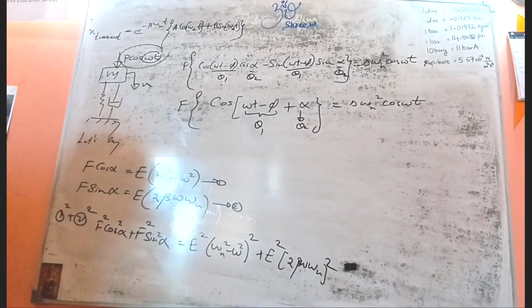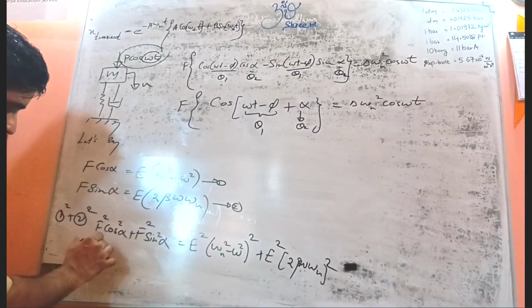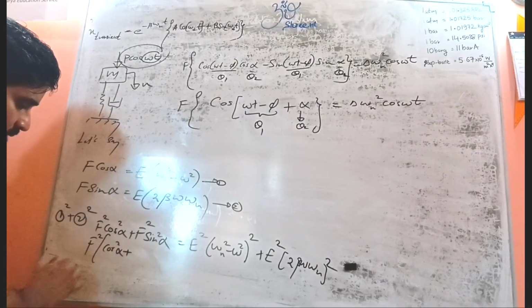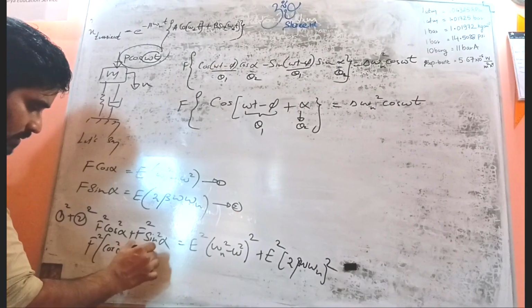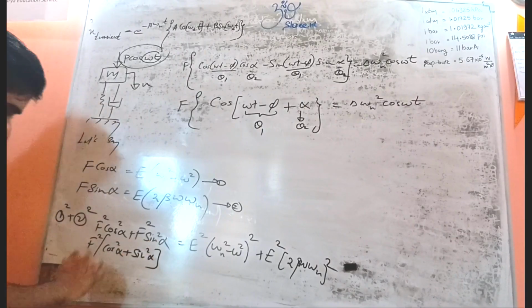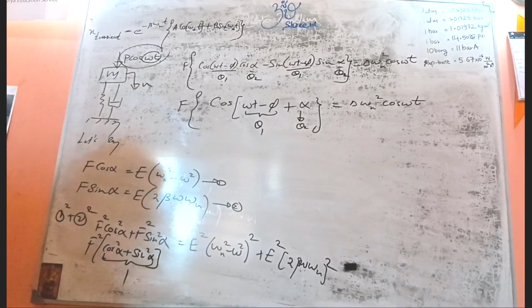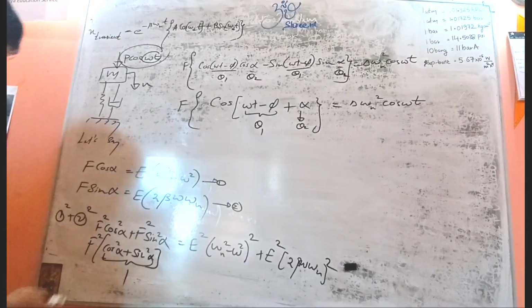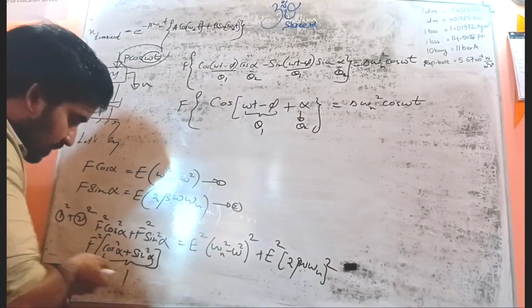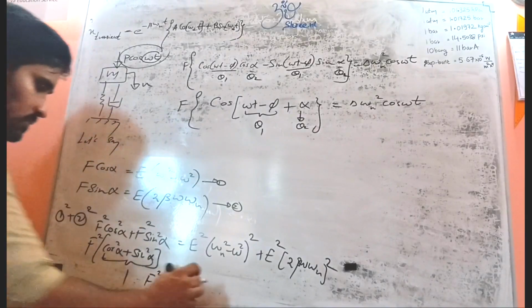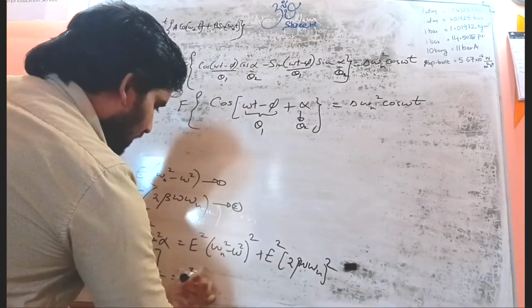I hope that part is clear. So we can take f squared out, and by the famous trigonometric identity, cos squared alpha plus sin squared alpha is 1, right? So we can say that f squared equals E squared times, right?